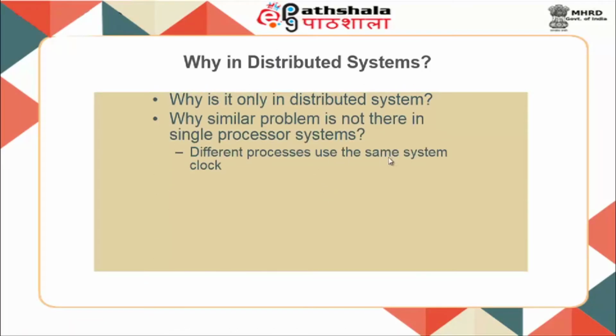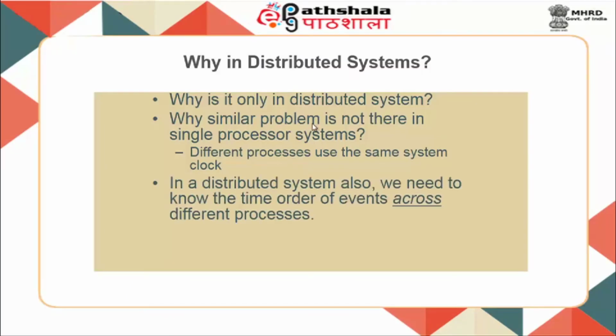So, the question that arises at this point is why we do not face similar troubles in our personal computers or our laptops or any desktops for that matter. In any single processor environment, the scenario is different. The difference is that in a single processor environment, there is only one clock, that is the clock of the machine.